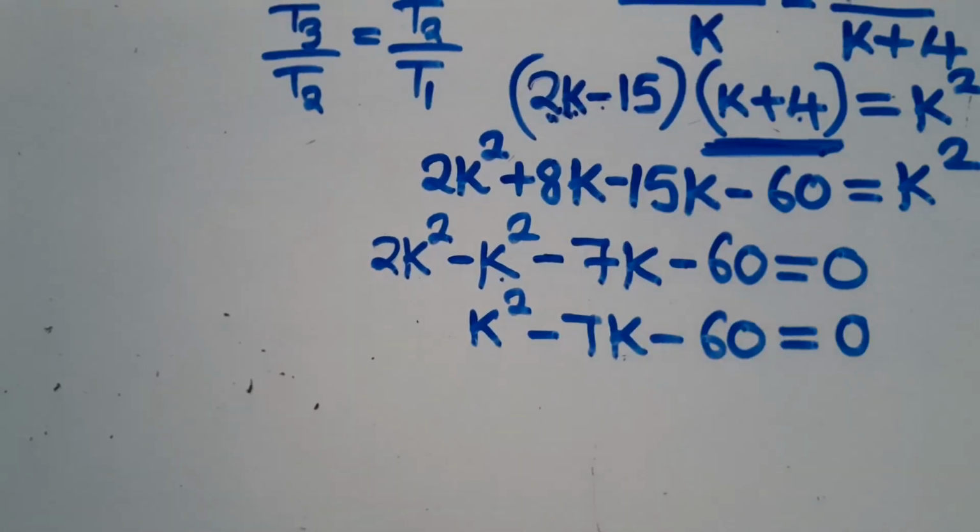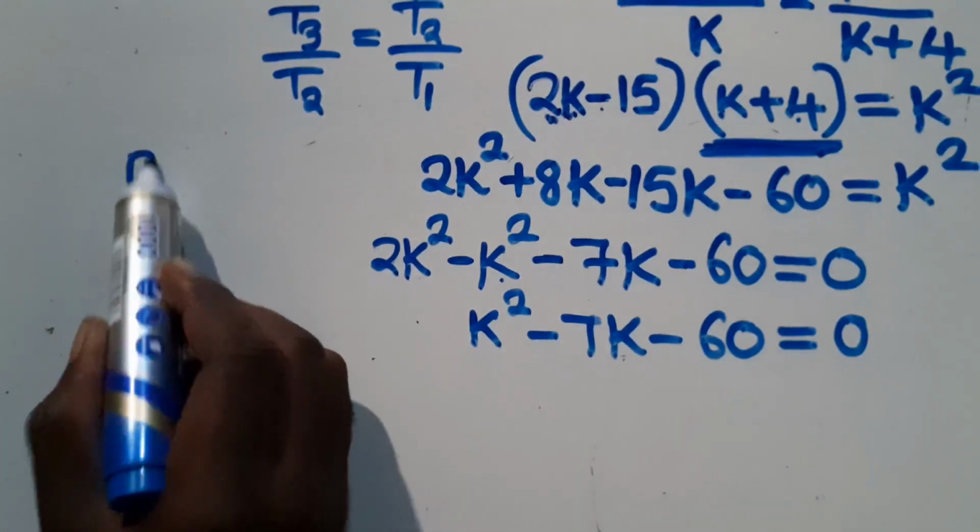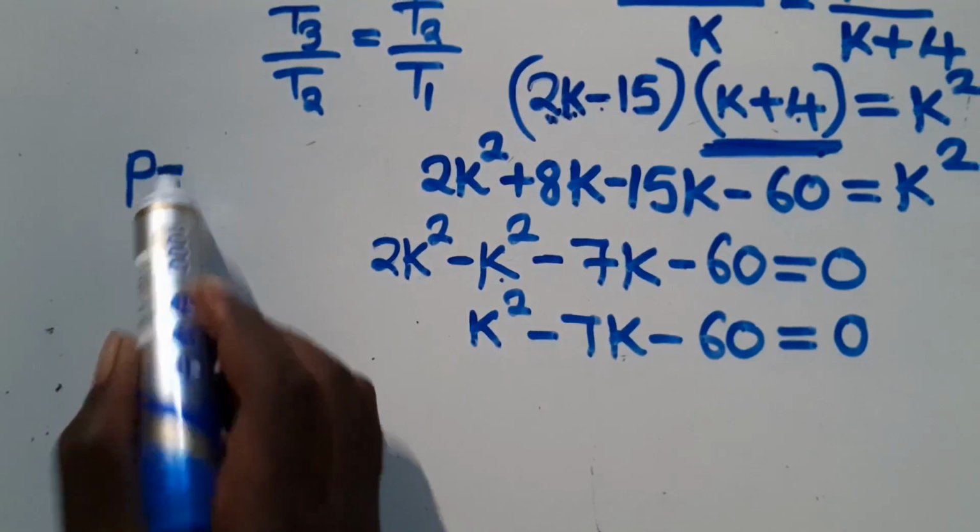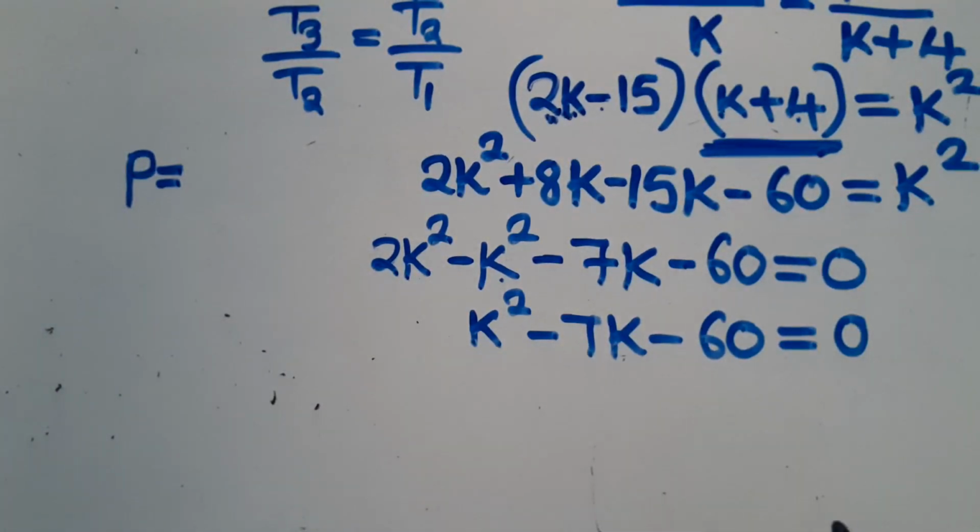So once you reach here now, you need to find the what? The product, sum, and factors. You know that this is a quadratic equation. So what are your products? You can use any method that you are comfortable with. As for me, I'm going to go with factorization because it is very simple.